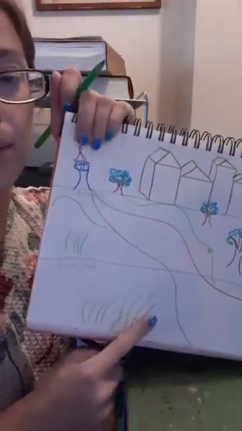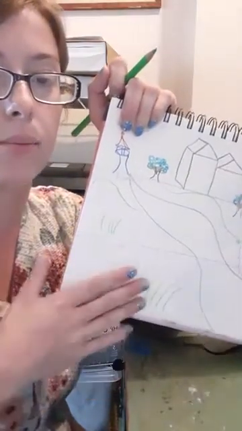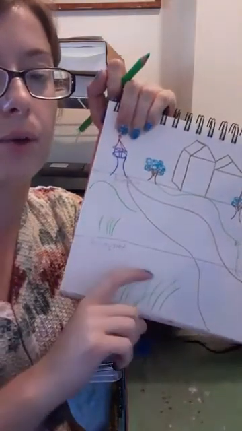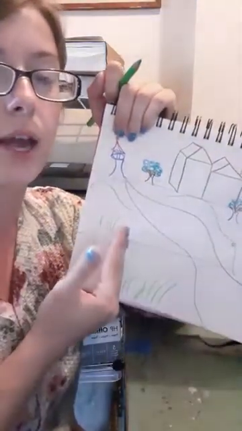Here's the foreground, and you can see I made the leafy plants much bigger here, even though they are relatively smaller in comparison with the other objects. That just adds more depth to the image.